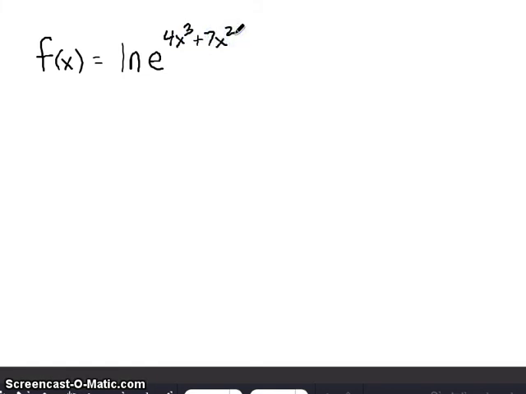You might be looking at that and saying, well, I can't take that derivative right now because I don't know my e derivative rules. And the way that we're looking at it right now, u would be equal to e to the 4x cubed plus 7x squared power. And we don't know how to take that derivative right now.